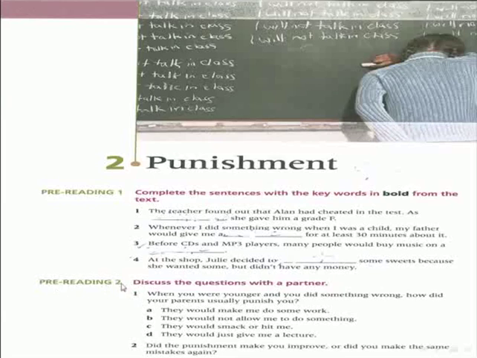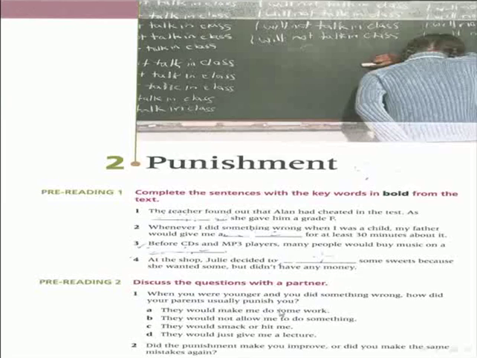Right. Pre-reading exercise number 2. Discuss the questions with partner, with your friend. Number 1. When you were younger and you did something wrong, how did your parents usually punish you? Right? When you were young. A or B or C or D, your parents.